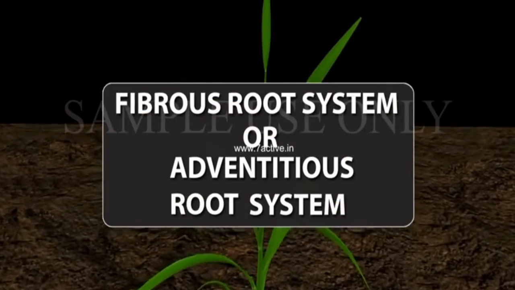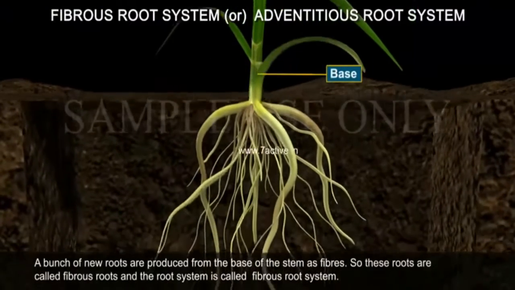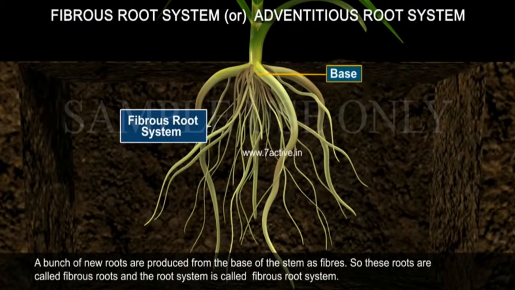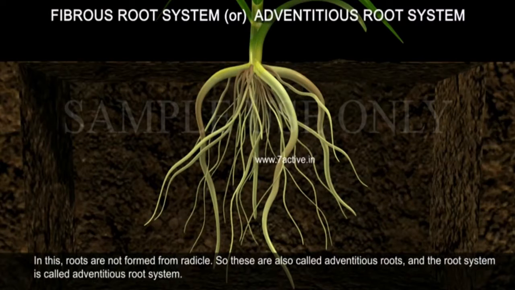Next is our fibrous root. Fibrous root is different from the taproot. In fibrous root there is no main branch, and all the roots are generated just below the soil in the form of a bunch of thread-like structures of similar sizes.